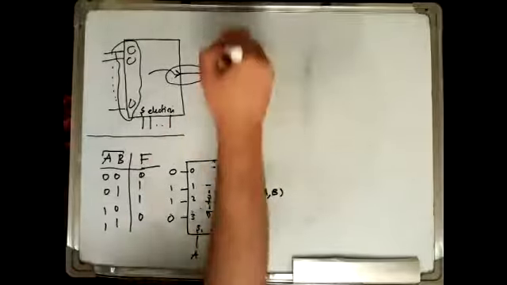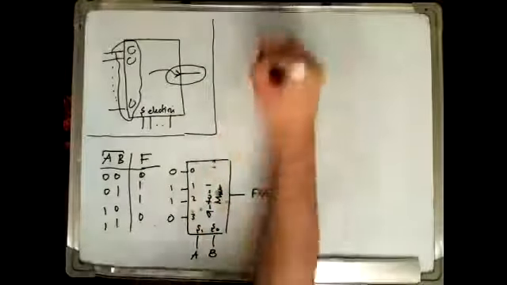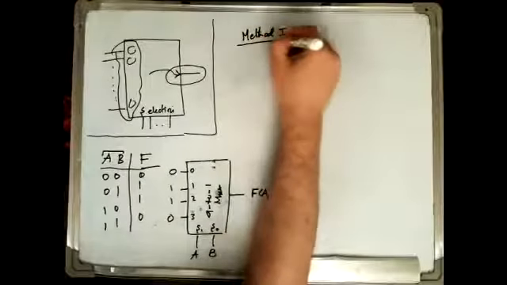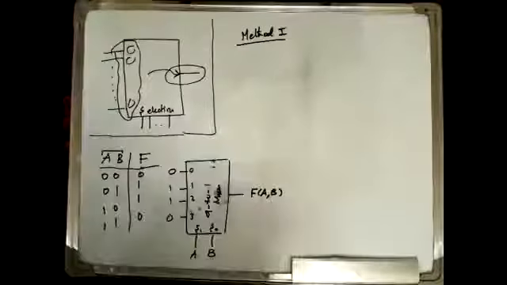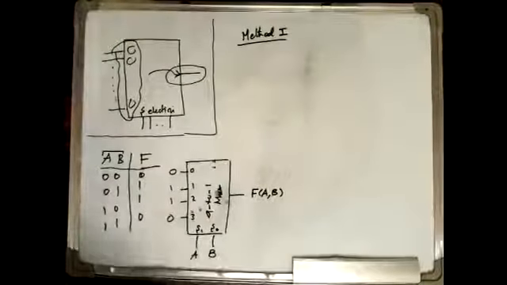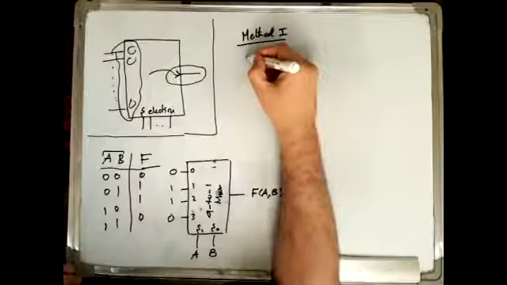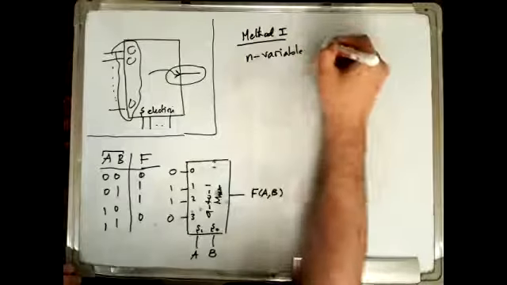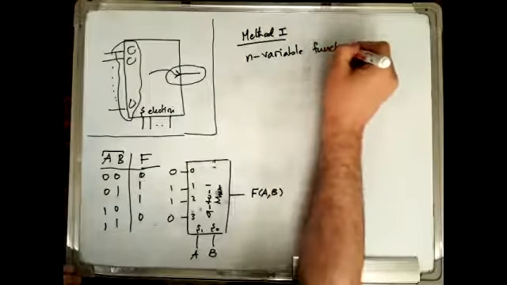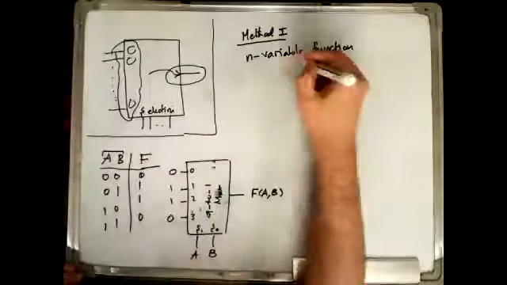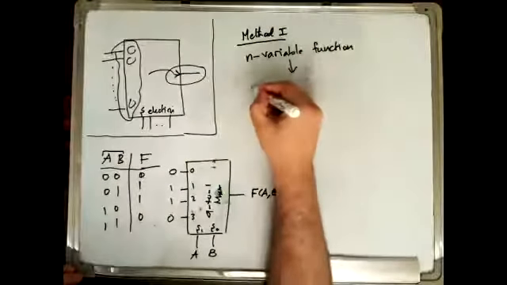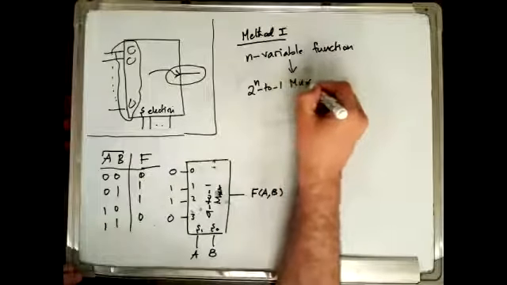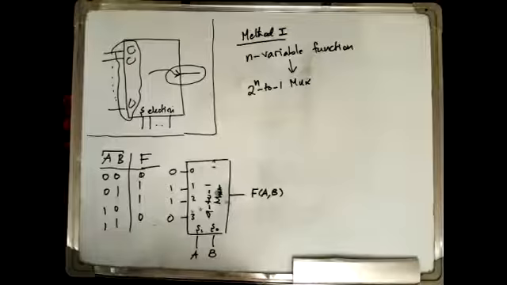I called this method 1, if you remember, which is to implement a logic function using a multiplexer of a suitable size. If we have an n-variable function, what do we need to implement it? Basically, we need a 2 to the power n to 1 MUX.